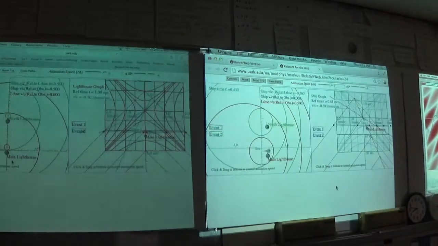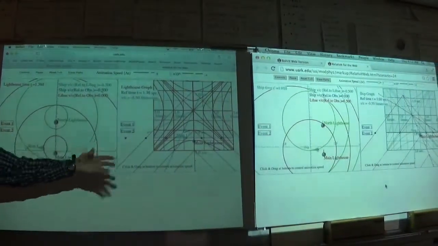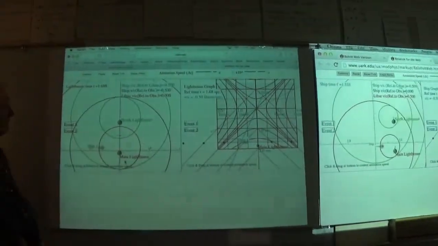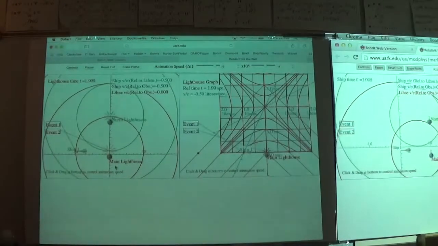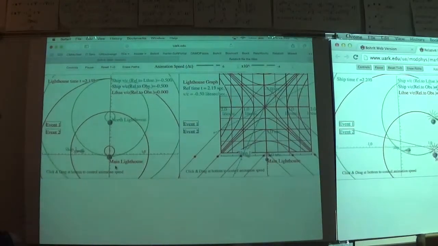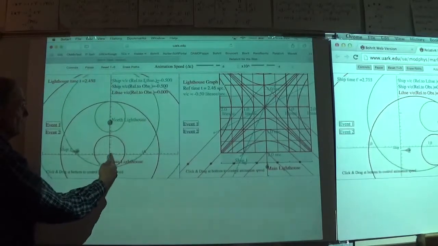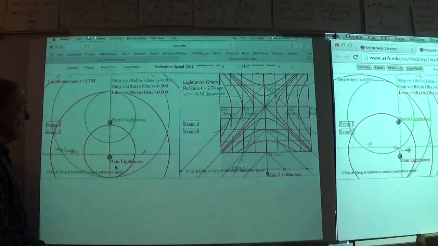Okay? But anyway, I've been over here talking, and it's just about ready to repeat. Then we can walk through what's actually happening here and see what event 1 and event 2 are. The ship's going to start over here and move through, and all of this scenario is going to happen.